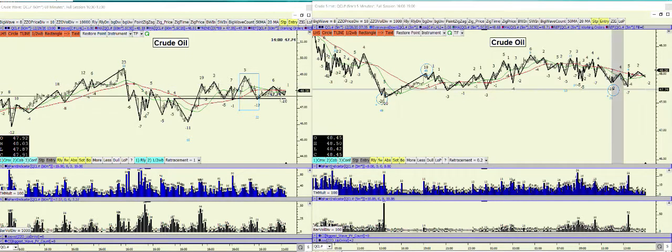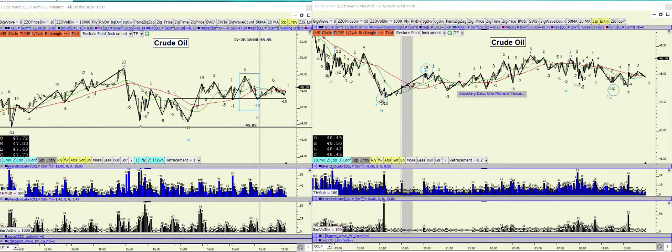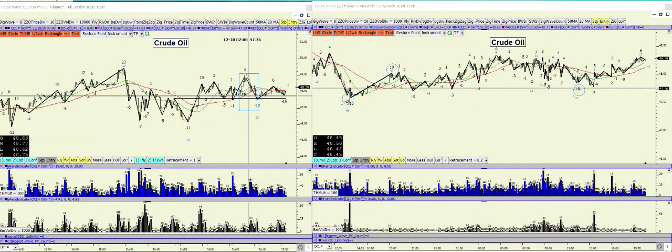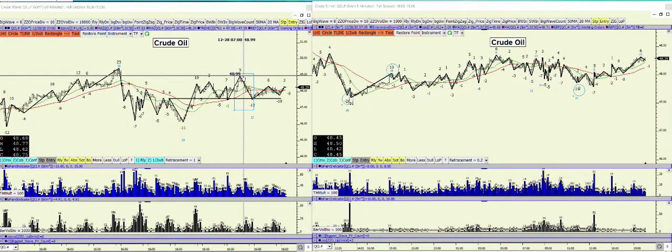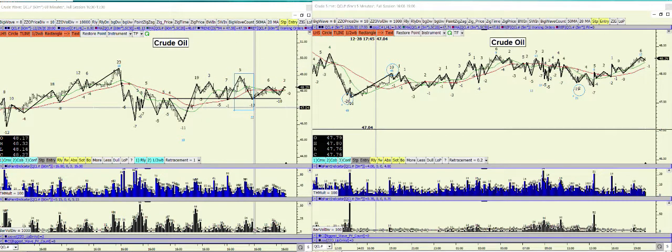Anyway, what I wanted to do was explain how to trade this. So this is a study. On the left hand side is the hourly, and on the right hand side is 5 minute.